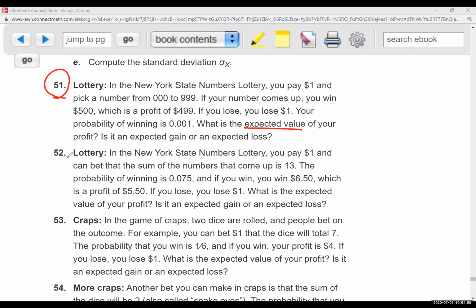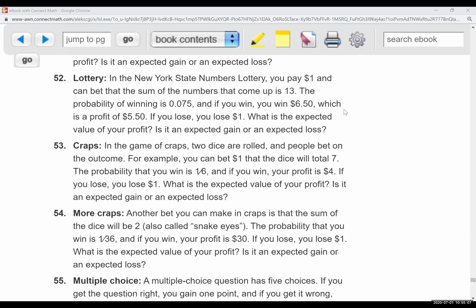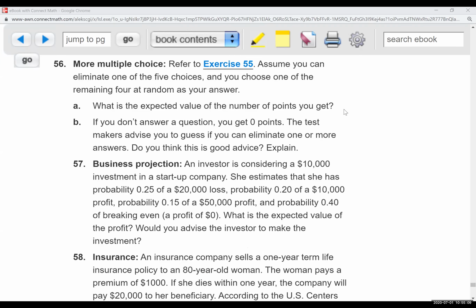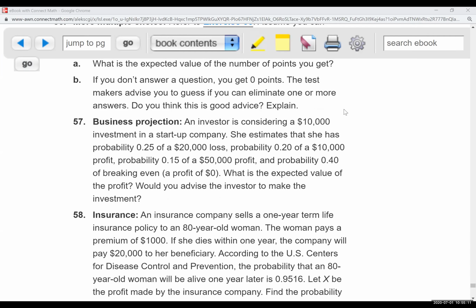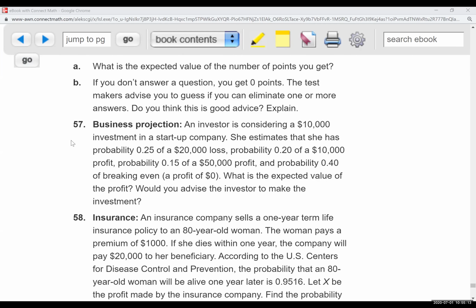So if you want to try, you can do the same thing for 52. How about 57, last one. Business projection. An investor is considering a $10,000 investment in a startup company.